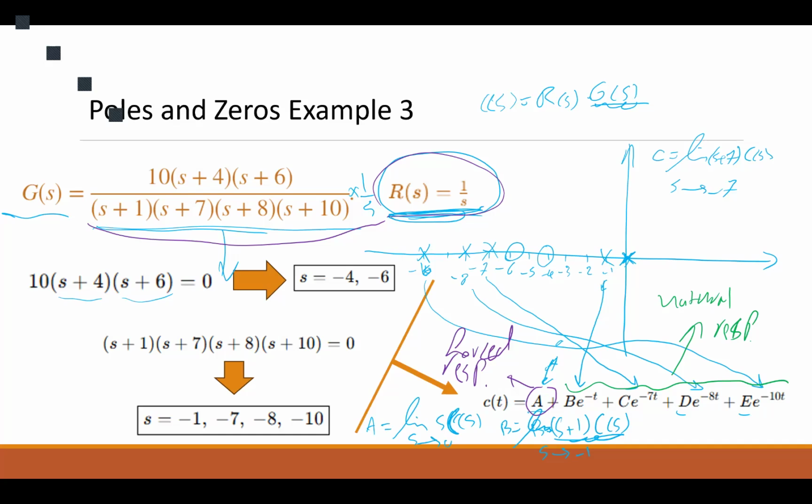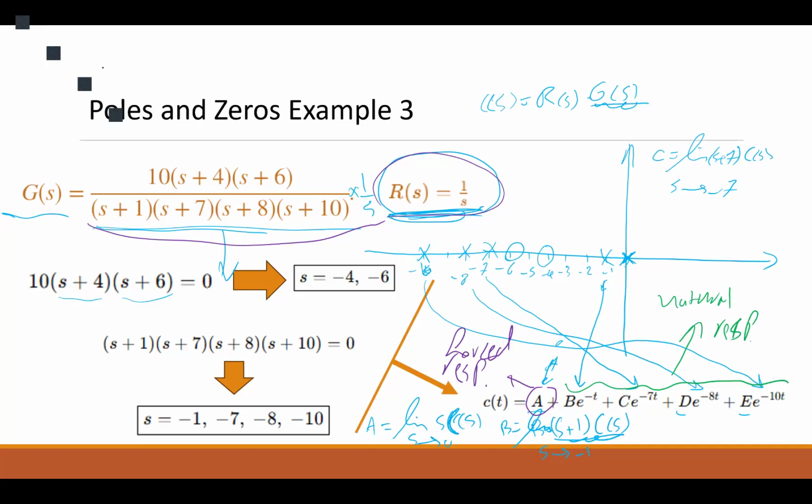All of them. When t is equal to 2, what is going to be the c of t? What is c of 2? It's going to be A plus B e to the power of minus 2t plus C e to the power of minus 4t.